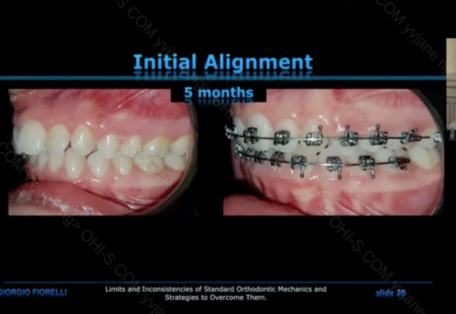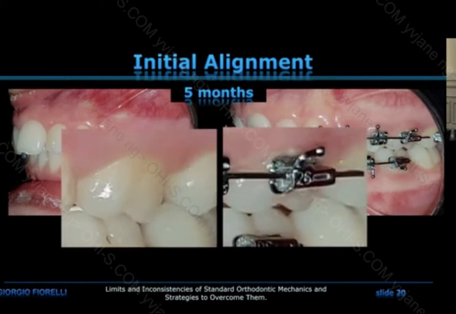Then we have another case where there's actually no real problem. But look at the difference. I like this very much. This is perfect. This is what we would like to get every time as class 1 occlusion. Everyone is quoting the 6 keys of Andrews.